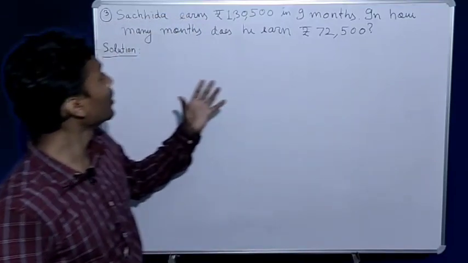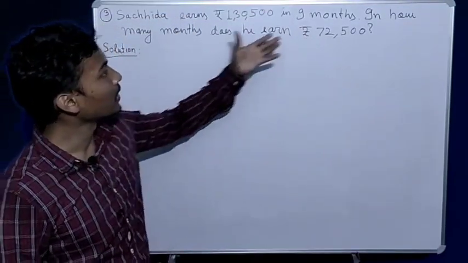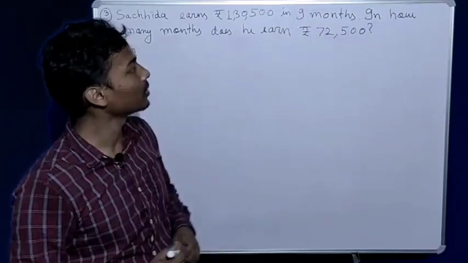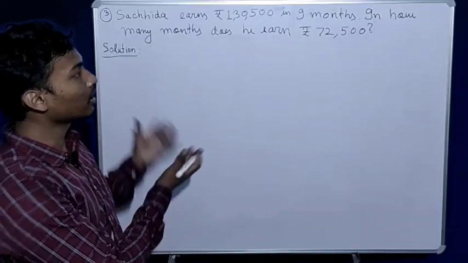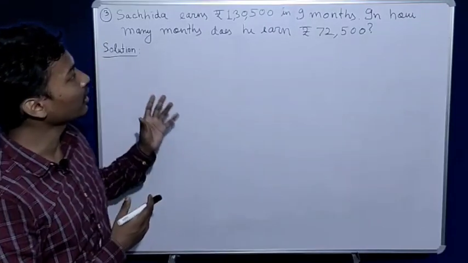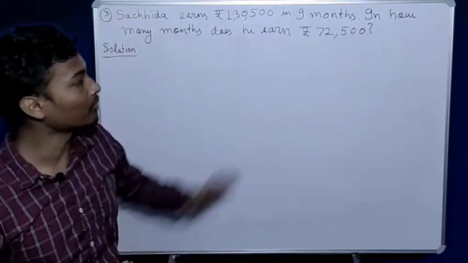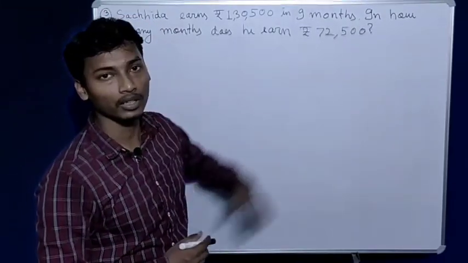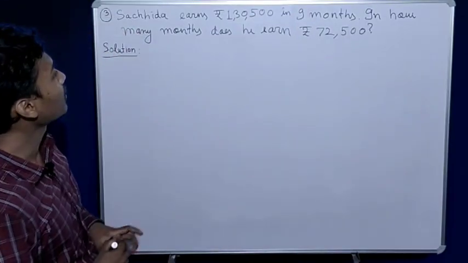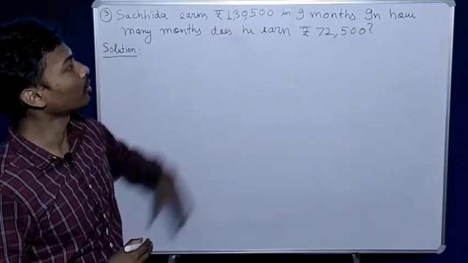So it's not the amount of rupees that we have to find. We have to find the duration, the time. So always remember, whatever thing you have to find, you try to keep it on the right side of this equal sign. So we will place the time on the other side and find the value of 1 unit of rupees.